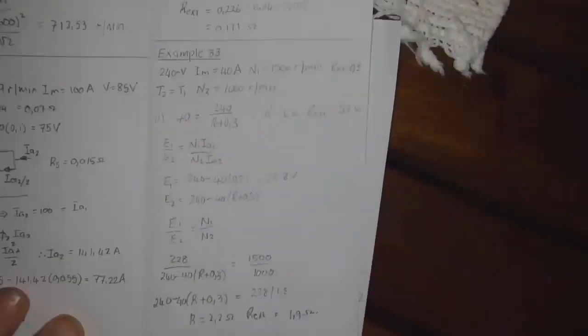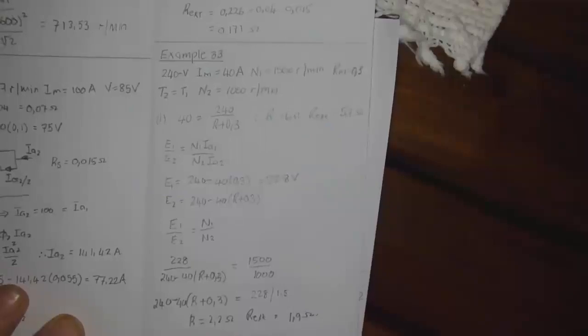Then again, we have E1 over E2 is N1 IA1 over N2 IA2. So there we have E1 is 240 minus 40 times 0.3 gives us 228 volts. E2 will now be 240 minus 40 times R plus 0.03. And E1 over E2 is N1 over N2.